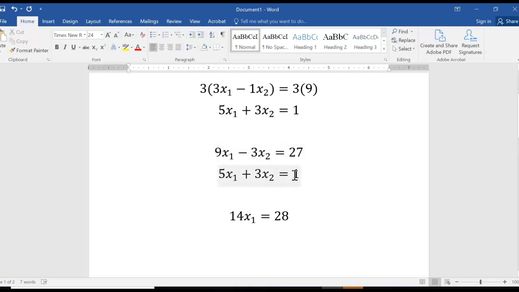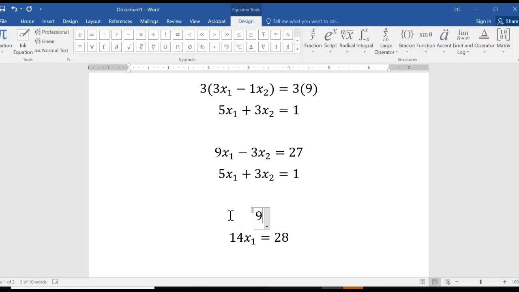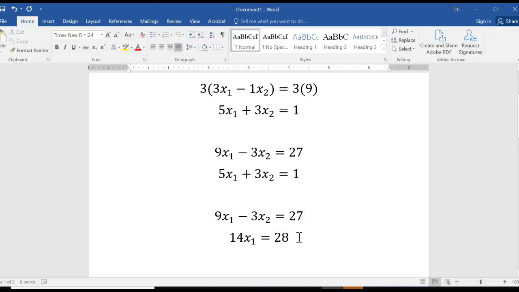Let's replace the second equation, and we're going to end up keeping the first equation as well. So we've basically cut out this second equation and replaced it by this one, which we got by adding the two equations together.